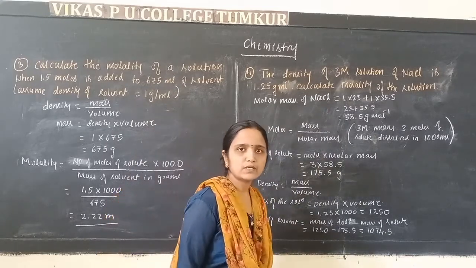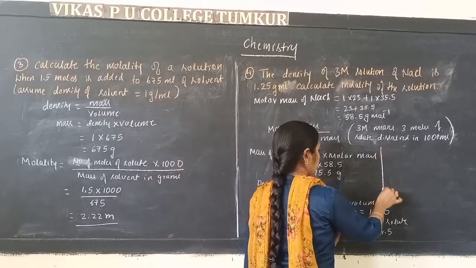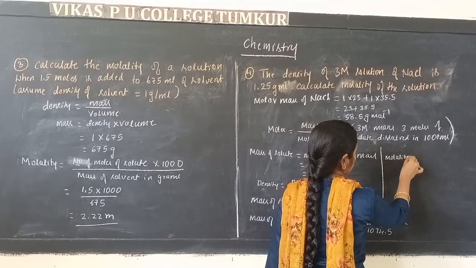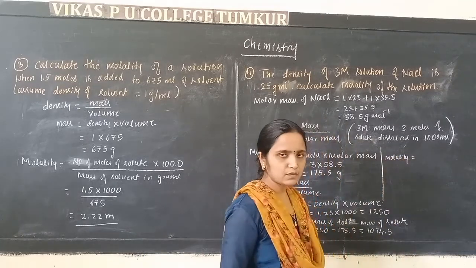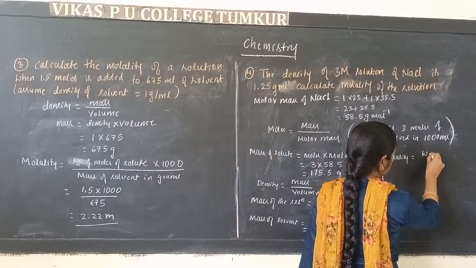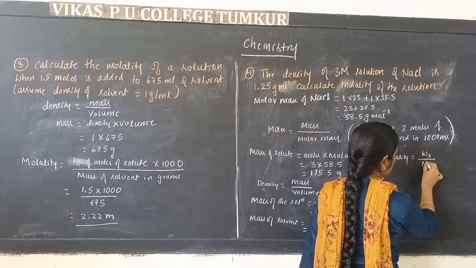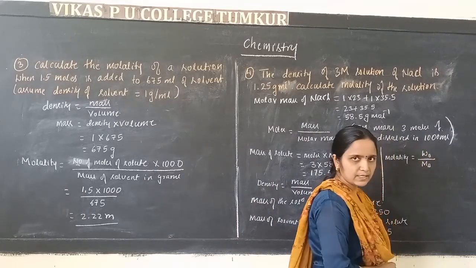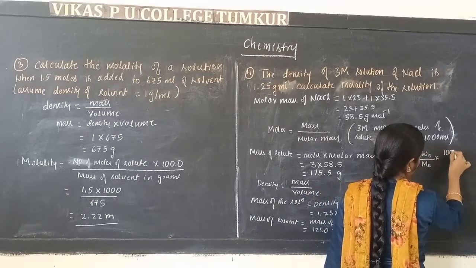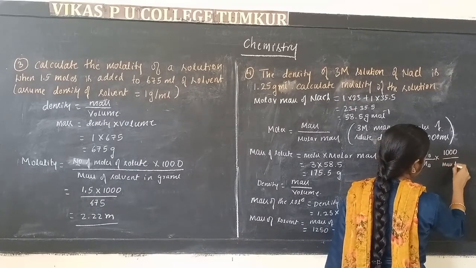Now you can use the molarity formula. Molarity is equal to the mass of the solute, that is W B, divided by the molar mass of the solute M B, into 1000 divided by the mass of solvent.